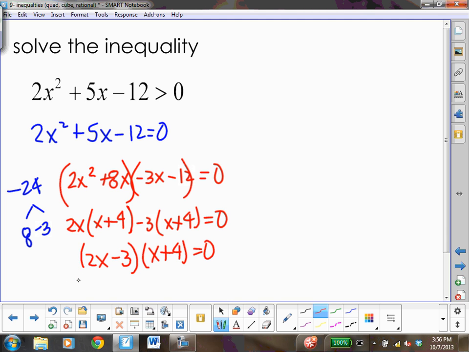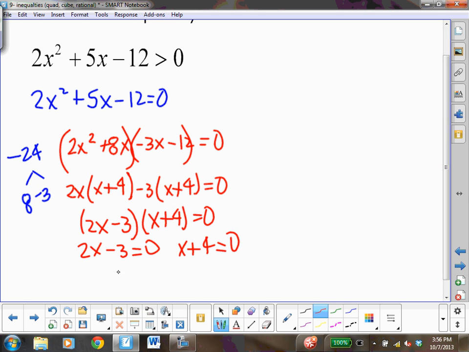So my two solutions will come from 2x minus 3 equals 0 and x plus 4 equals 0. So here x equals 3 halves, and here x equals negative 4.